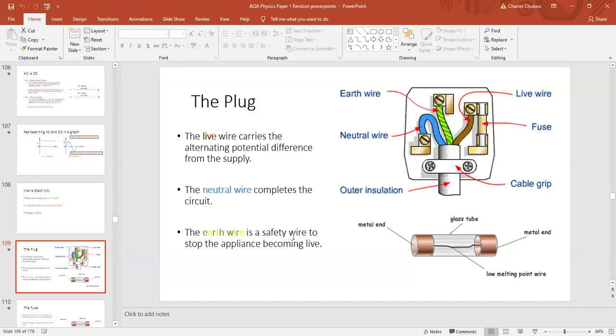And that one is for what? It's simply a safety wire for stopping the appliance from becoming live. What that means is that, for instance, electrical devices can somewhat store excess charges as they work. I don't know if you've had that experience before where you touched something that may not even be on at the time, but you felt a sensation in your fingers as if you got a small shock.